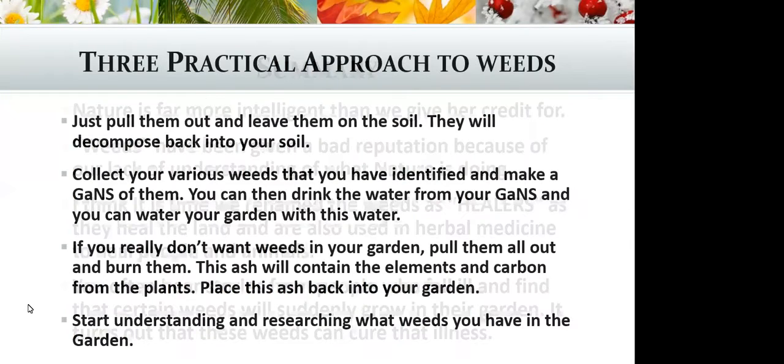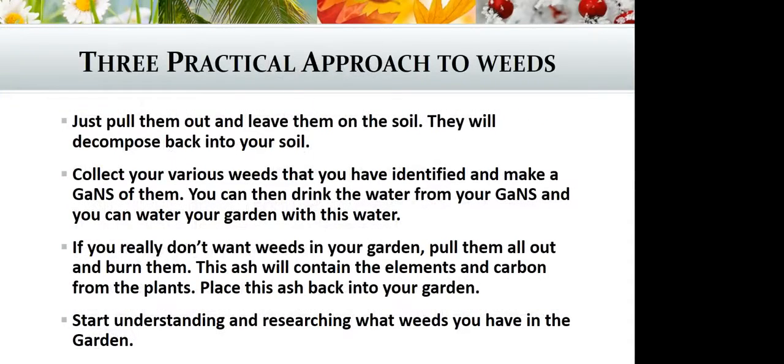So the practical approach to weeds, what I've tried to get across here, is that if you've got an open piece of land and you start seeing weeds growing, they're going to take over in no time and start multiplying, and you're going to have a whole field full of weeds.